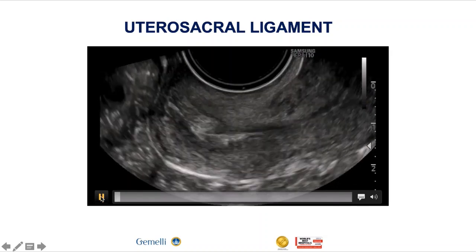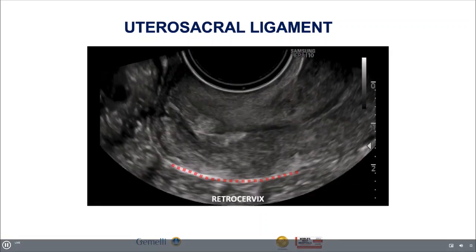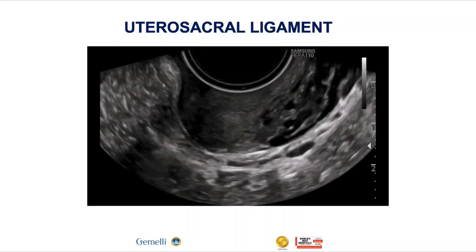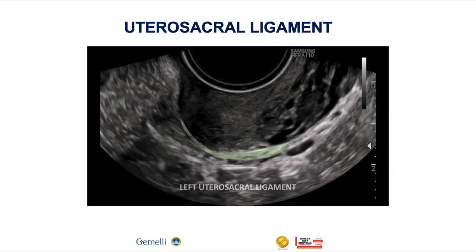In this video, we can identify the retrocervical region in a longitudinal section. Then we can slowly lateralize the probe to assess the posterior hyperechoic tissue surrounding the cervix, corresponding to the uterosacral ligament. We can then repeat the same movements on the other side.